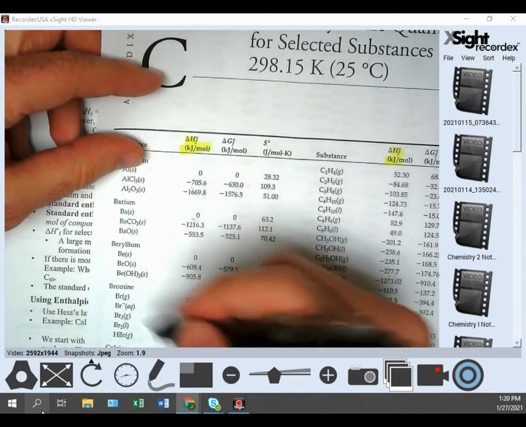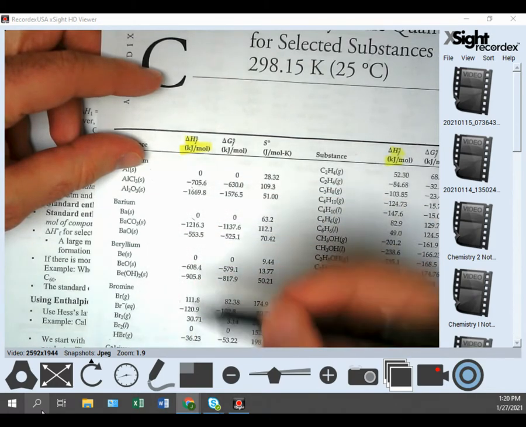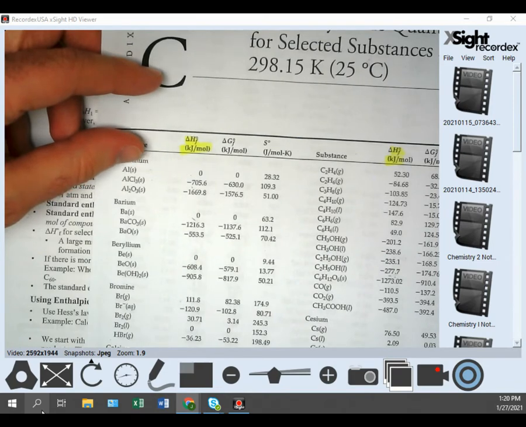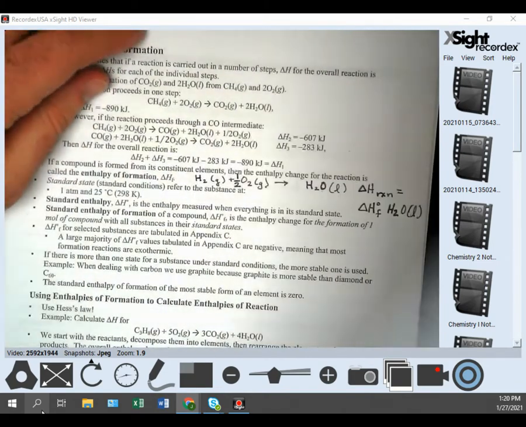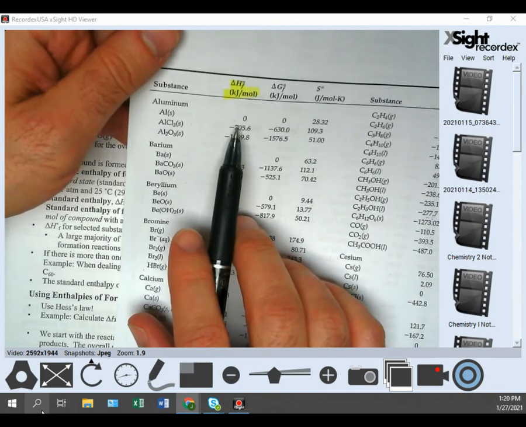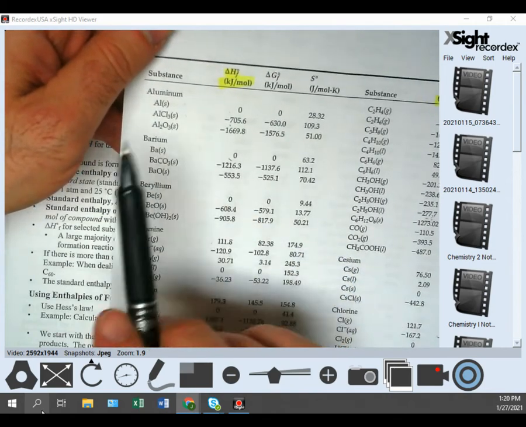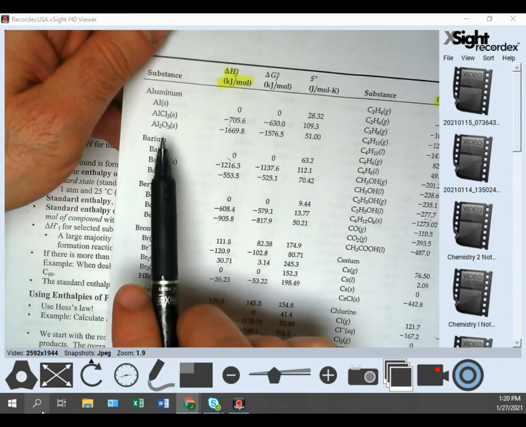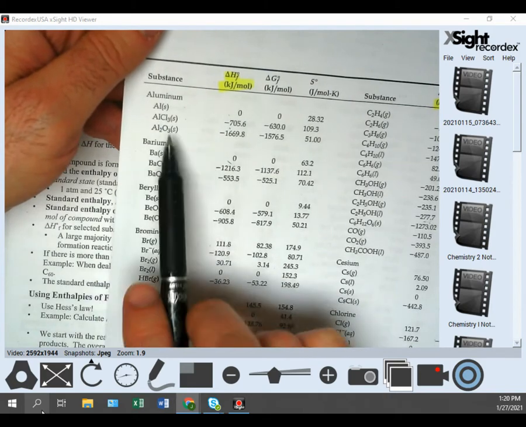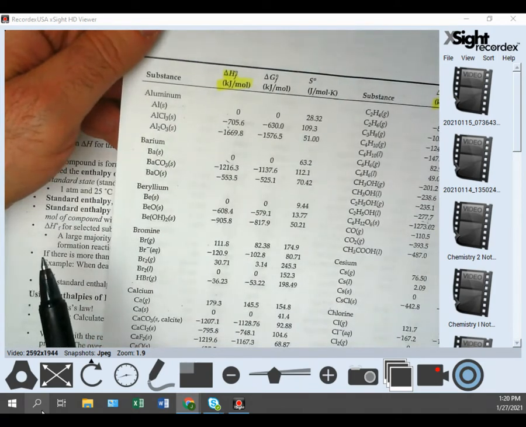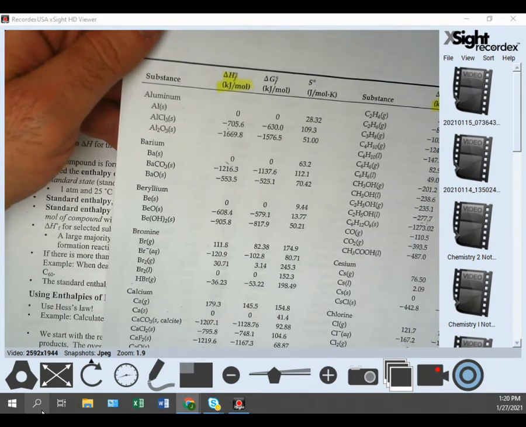If you look here, the AlCl3 solid is negative 705.6 kilojoules per mole. That means when aluminum chloride is made from solid aluminum and chlorine gas, this is the amount of energy in kilojoules per mole that's given up. That makes sense? Any questions so far on the idea?